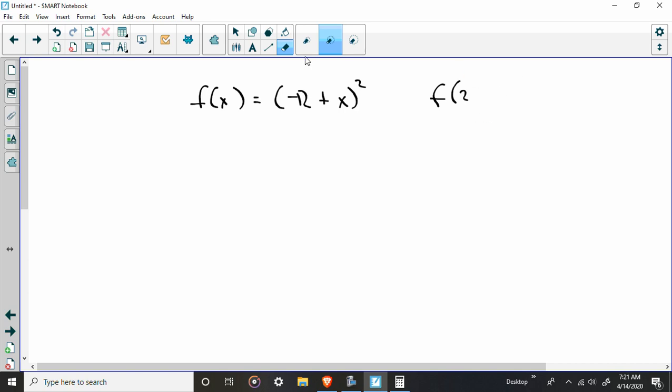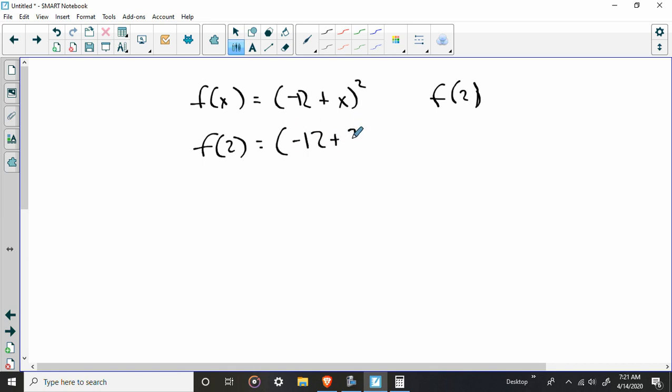Wherever we see an x, we replace it with 2. So f of 2, the function evaluated at 2, is equal to negative 12 plus 2 squared. Negative 12 plus 2, last I checked, would be negative 10.